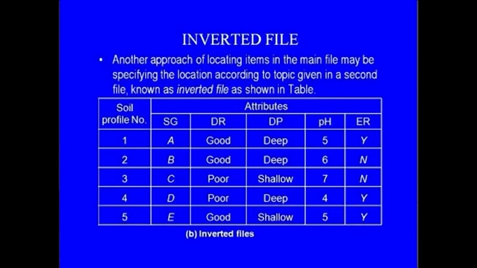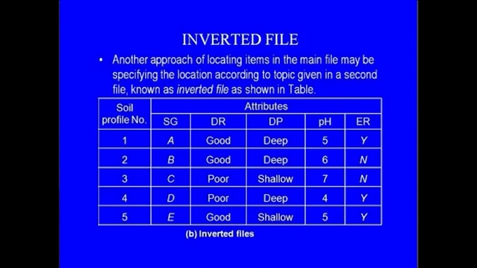In this manner the files are provided a certain correlation amongst themselves. Another way of locating items in the main file is by specifying the location according to a topic given in a second file, known as an inverted file, as shown in this table below.